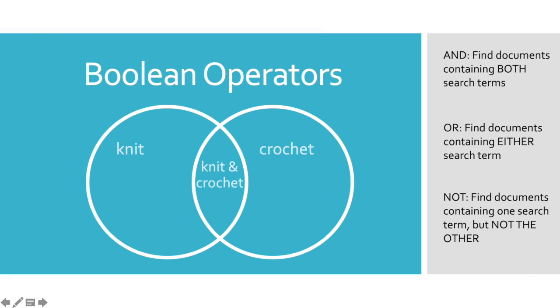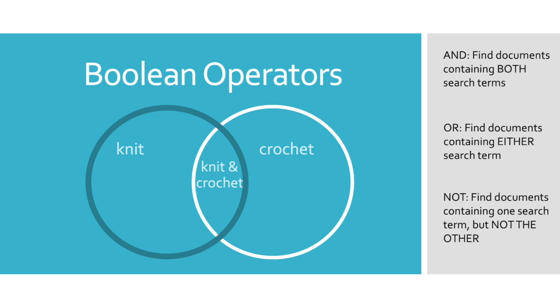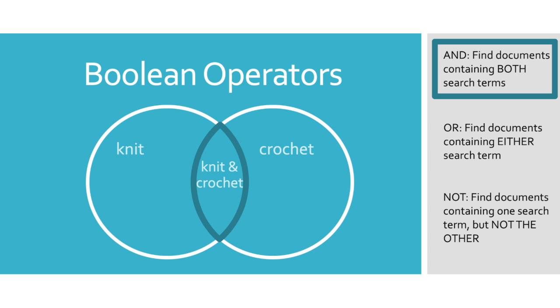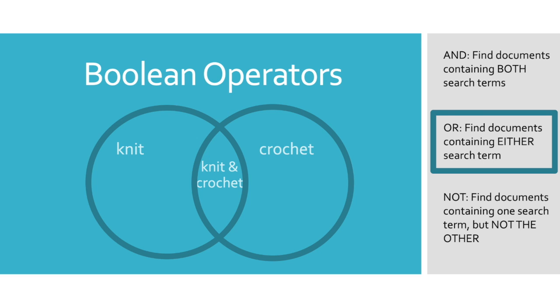When running a search containing multiple concepts, Boolean operators can help optimize your search. When running a search with just one term, it doesn't matter what other terms are involved, it will always find every document containing that search term. However, connecting your search terms with the AND operator will limit your results to only those documents containing both terms.